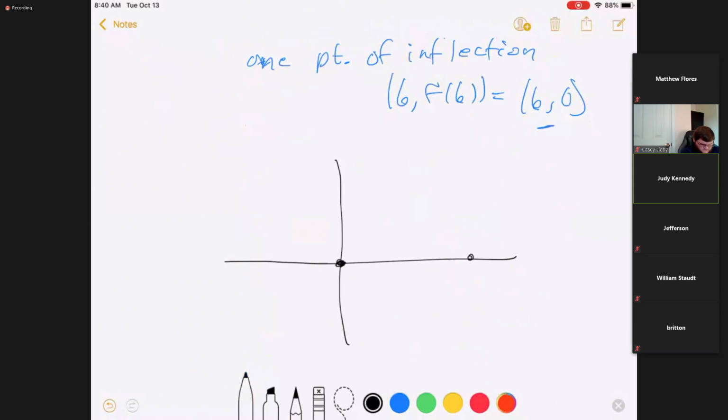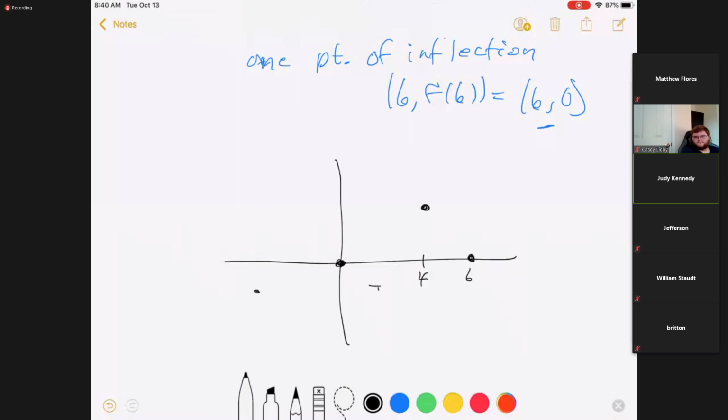F of 6 is 0. And 4, okay, that gave you a positive number. It's a little bit bigger than 2. But now F is decreasing over here, then it starts increasing over that side. But it's concave down the whole time.